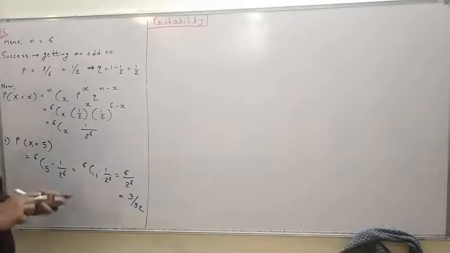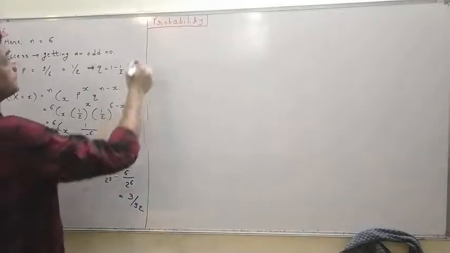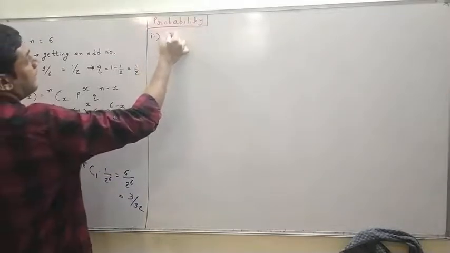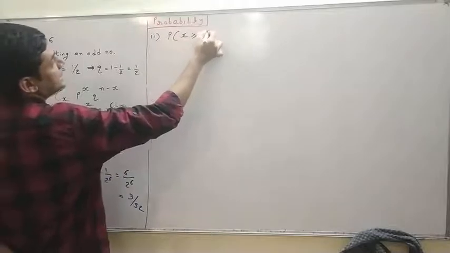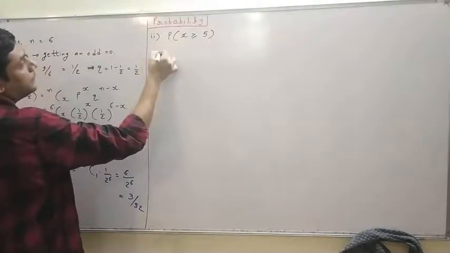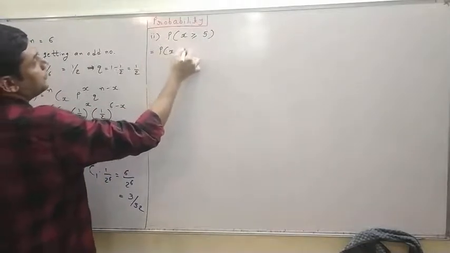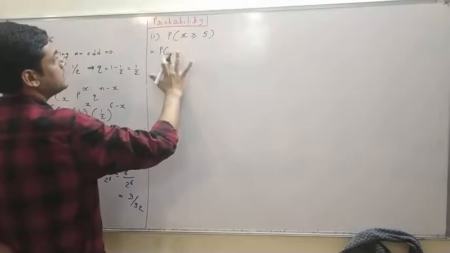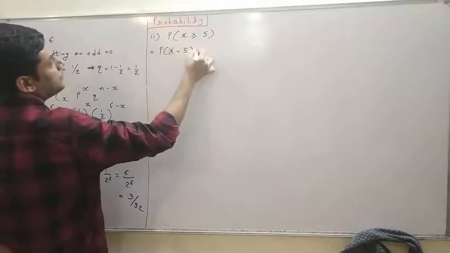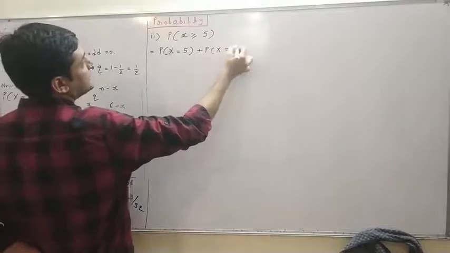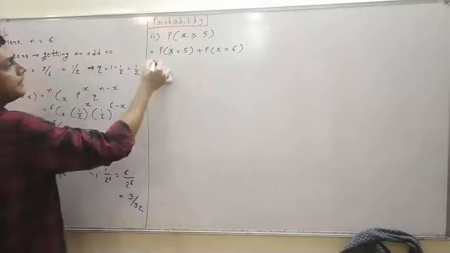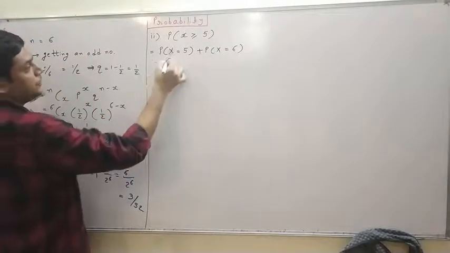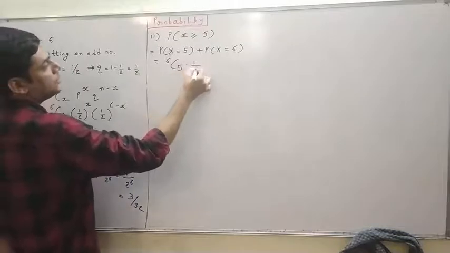Second question, at least 5 successes. At least 5 successes means x is greater than or equal to 5. So that is equal to P of x is equal to 5 or x is equal to 6. When you substitute x is equal to 5, it is 6C5 into 1 upon 2 raised to 6.